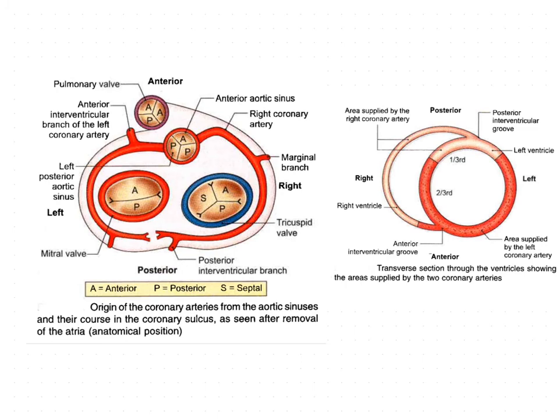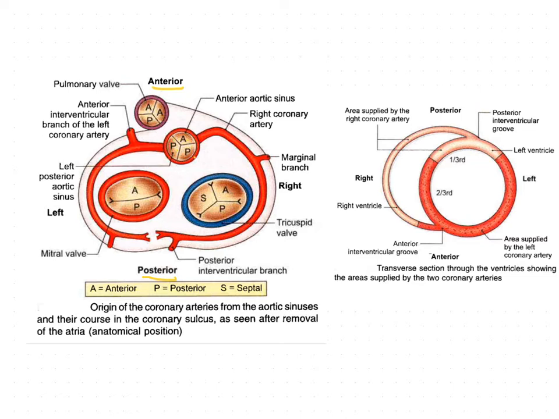Here now we can see, and we can also see in the transverse section once the atria is removed here. So we can see this aortic sinus, this one is anterior aspect and this one is posterior aspect. So this aortic sinus is divided into anterior, left posterior and right posterior.